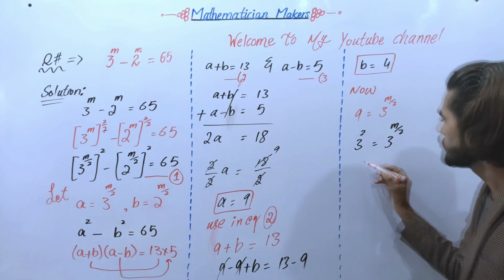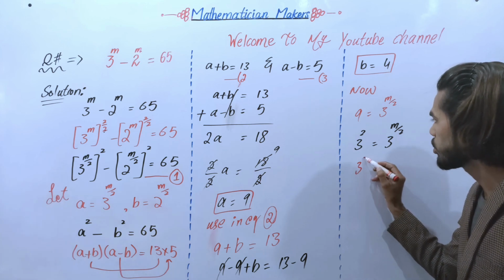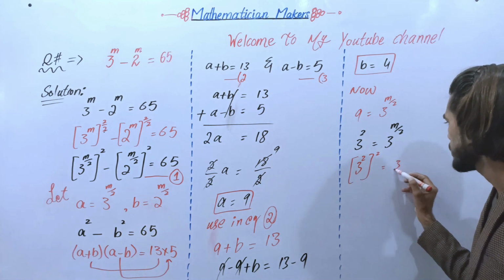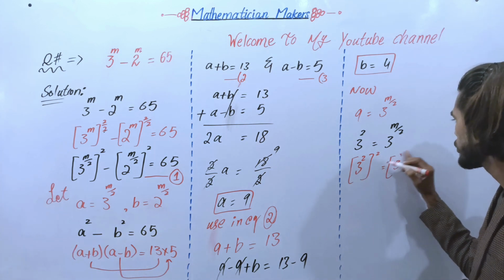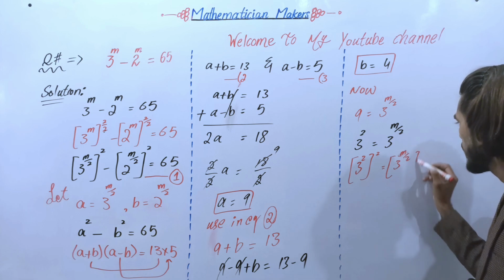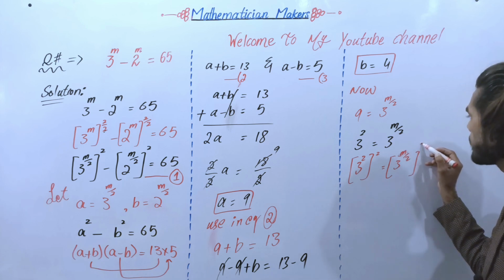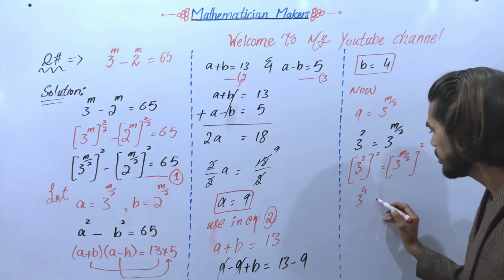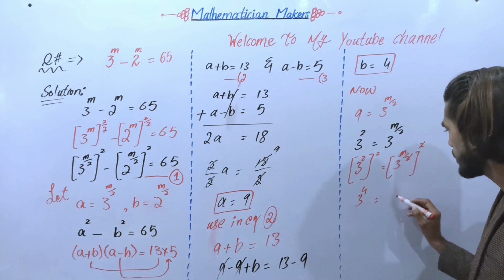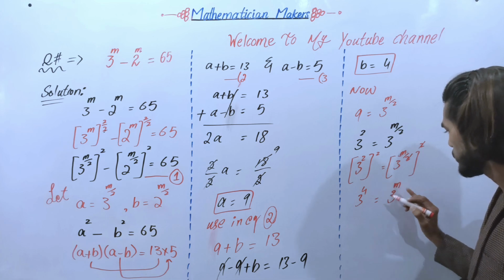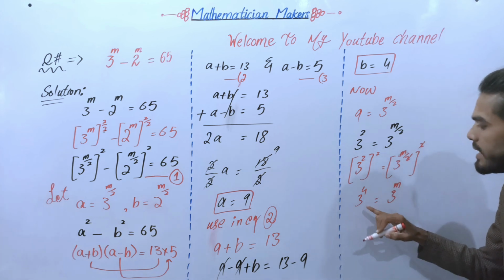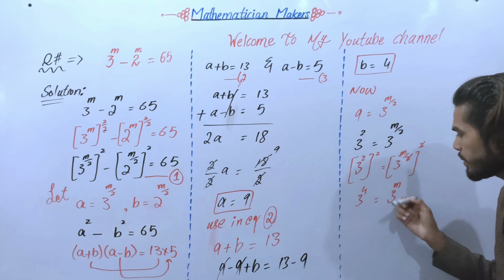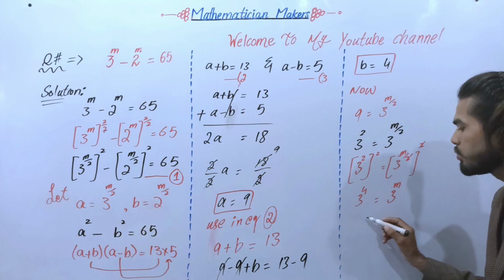Now we have to remove the square root. For removing this, we take the square on both sides. This will be squared and this will also be squared, so m by 2 times 2 gives m, and these twos cancel. Now the bases are the same, so their exponents are also equal.